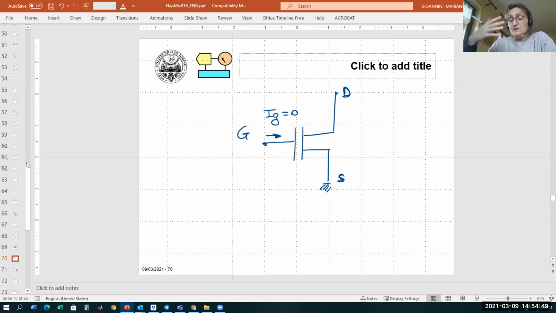So the current is basically 0, but looking in this direction inside the gate, we see an input impedance which is given by this equivalent capacitance. And we indicate this equivalent capacitance as the input capacitance. Okay? Clear?